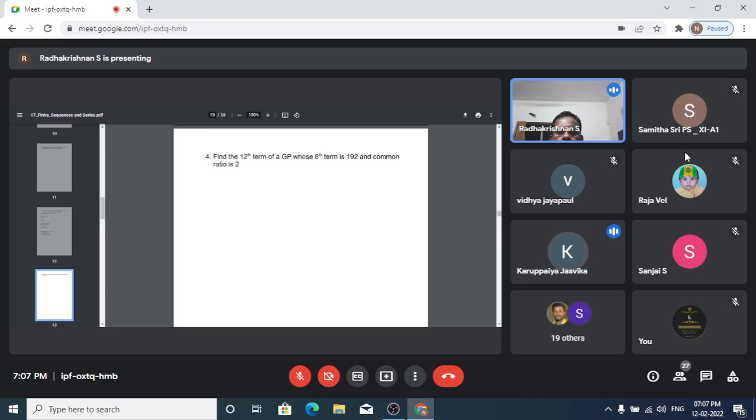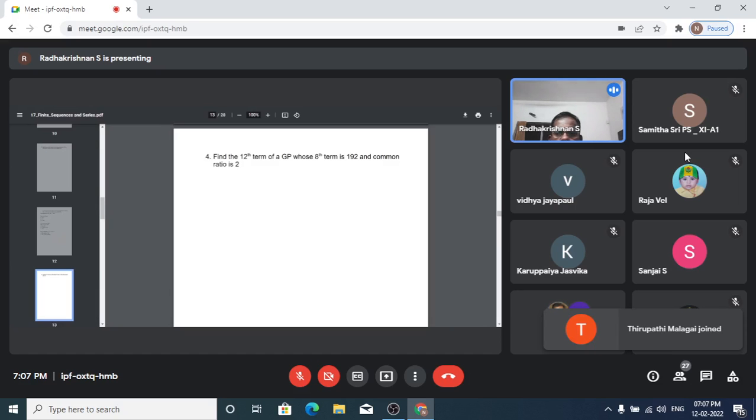So that is equal to 192. Common ratio is 2. So then we can find out A, and from that we can find out T12. Sir, A equal to 3 by 2. Yeah, that's right. A equal to 3 by 2. Very good.